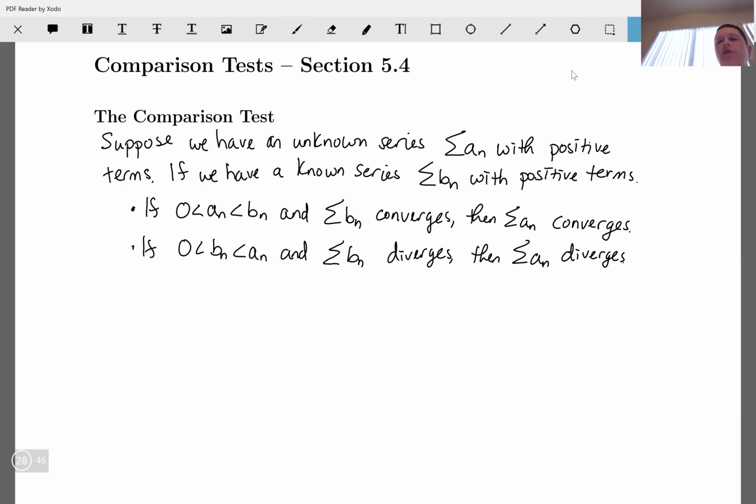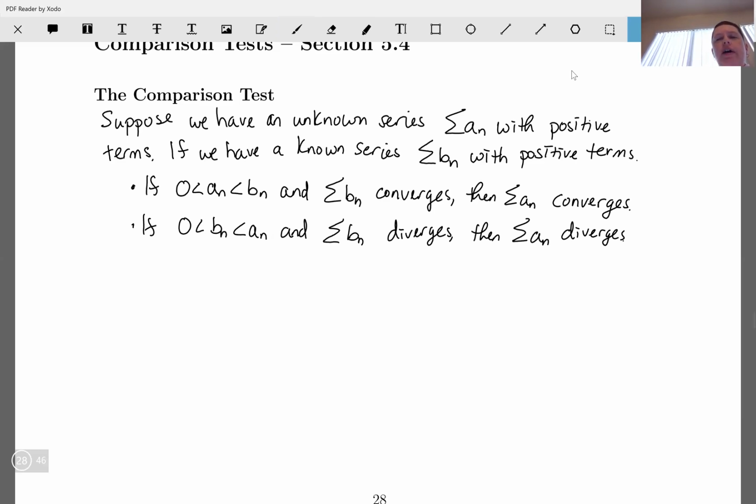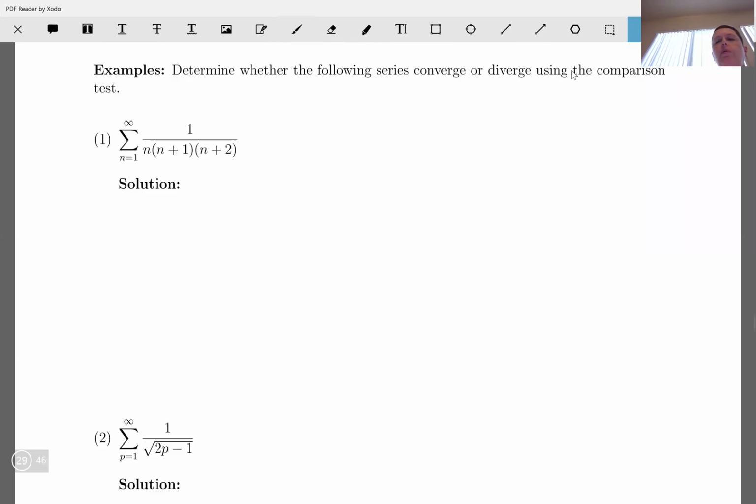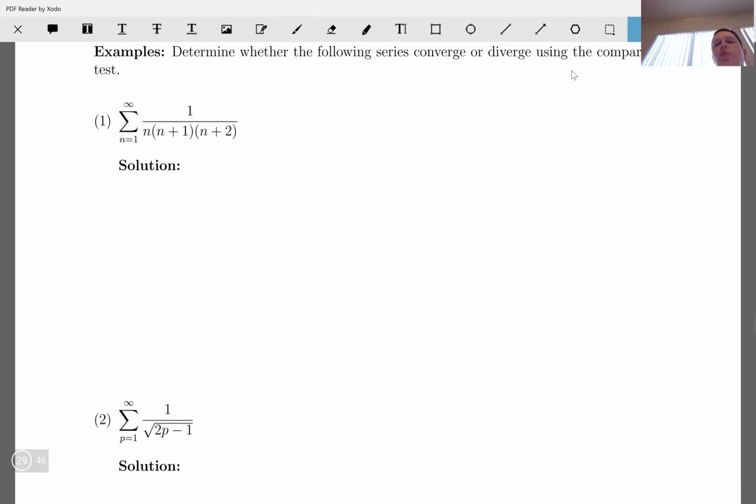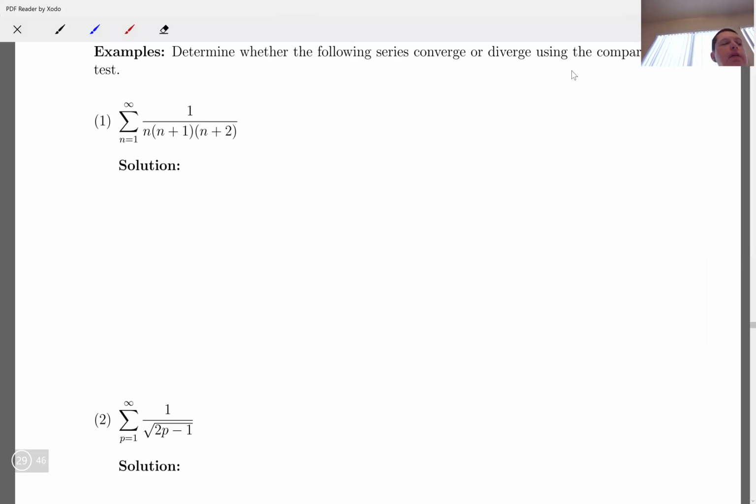And just as usual, to clarify things, examples. We're going to determine whether the following series converge or diverge using the comparison test. First of all, we have the summation of 1 over n times n plus 1 times n plus 2.